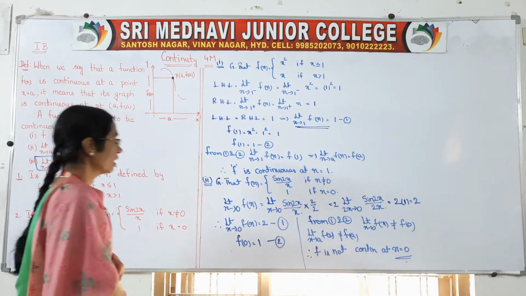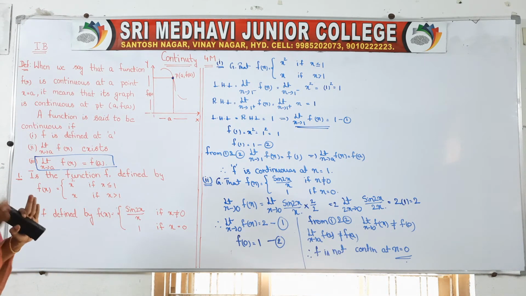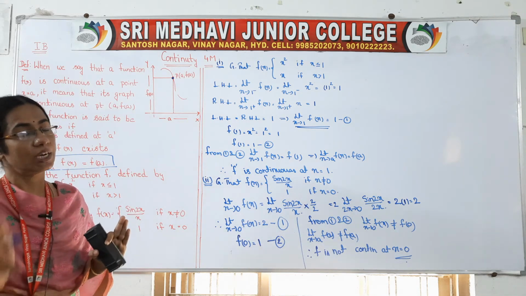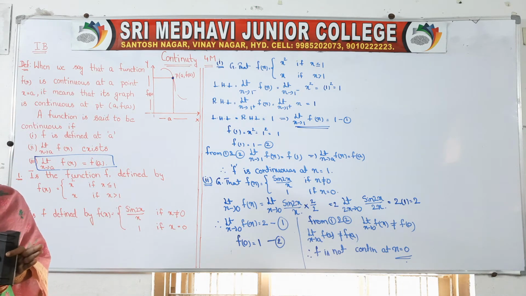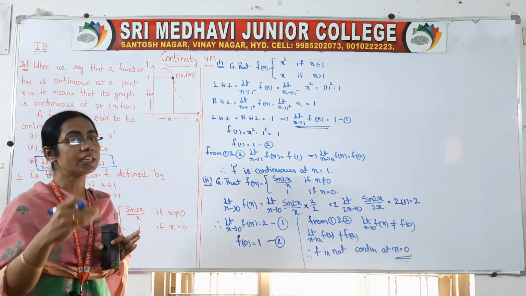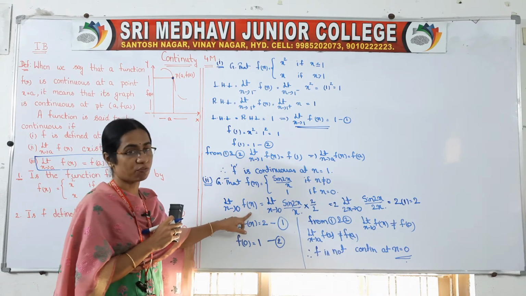So come on, what is this? The function is given in two ways: when x is not equal to 0, and when x is equal to 0. For x not equal to 0, we take the function at x tends to 0, limit x tends to 0, f of x.